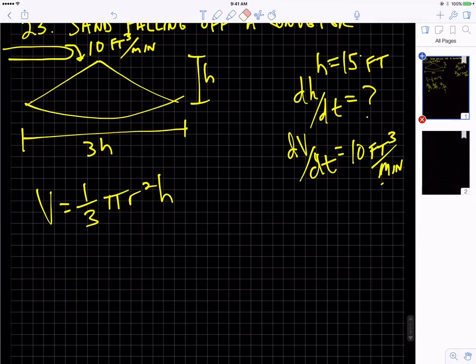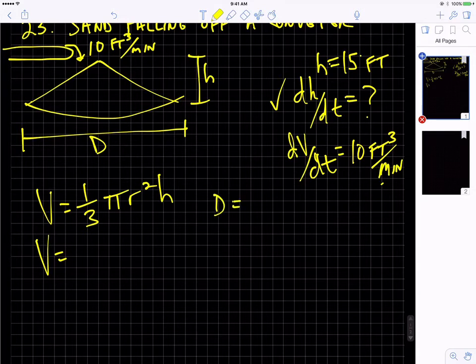My goal right now, before I differentiate, is to find the volume in terms of h, since we have dh dt. So I'm going to write an equation that relates h and r.